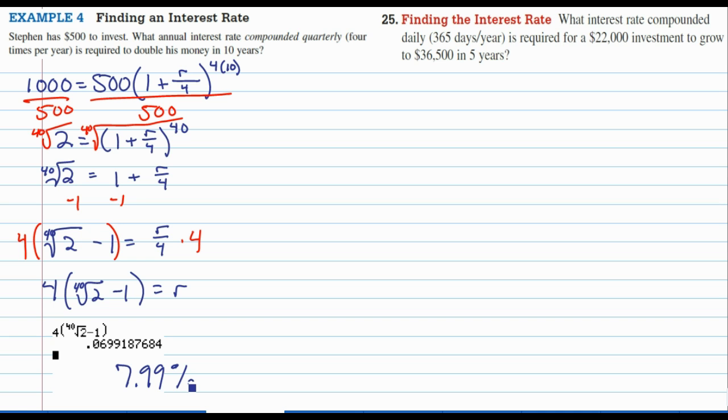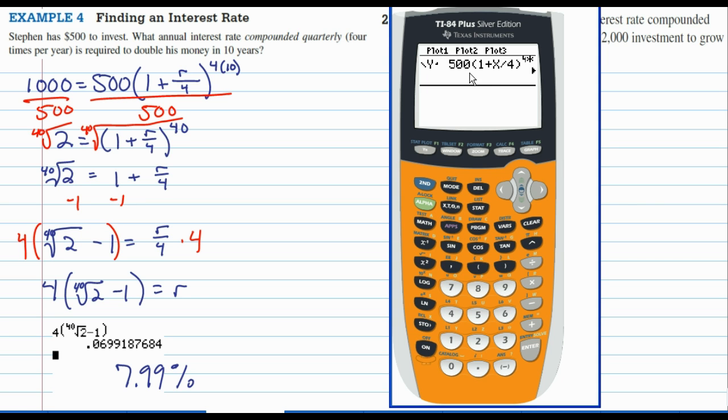I can also solve by using my graph. I put in y1 the equation that represents his investment, and then y2 is 1,000. The catch is getting a good window. My x-min I put at -0.1 and my x-max is just at 1.